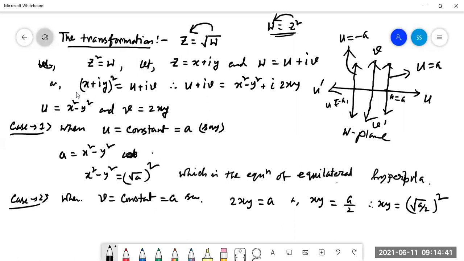Do you have any idea about this equation? xy equal to c square. Whose equation is this? Hello? No, sir. xy equal to c square. Whose equation is this? Here c equal to root a by 2. It is rectangular hyperbola.